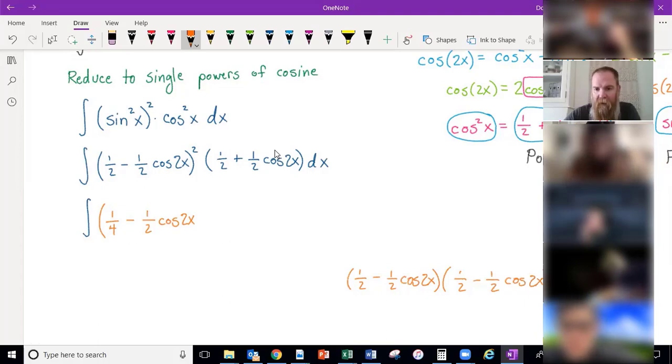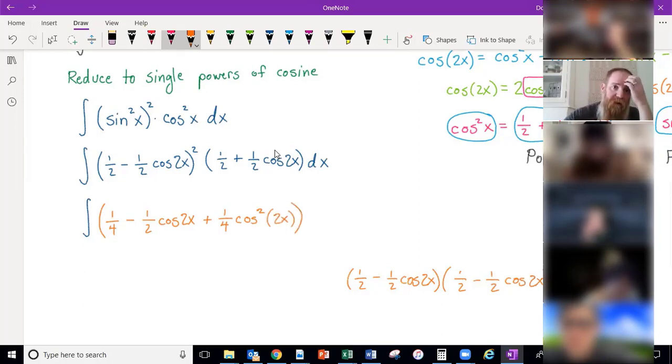And then finally over here, you get plus 1/4 cosine squared of 2x. And that's still going to have to be distributed to the other one over here, which is 1/2 plus 1/2 cosine 2x.